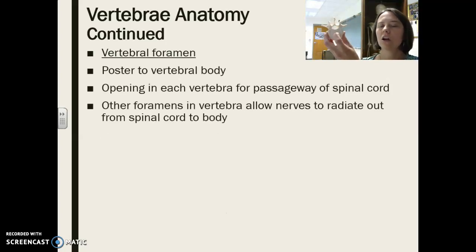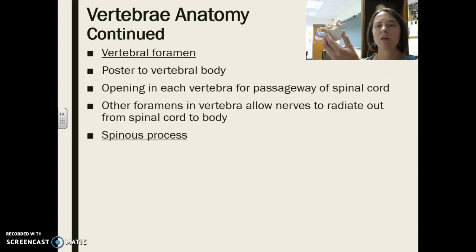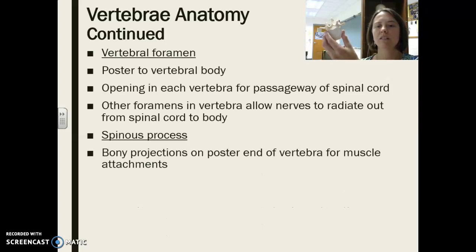There are other holes in the vertebrae, and all the other ones allow nerves that radiate out from the spinal cord to innervate the body. Another part of a vertebra are the spinous processes. These are bony projections on the posterior end of the vertebra for muscle attachments.